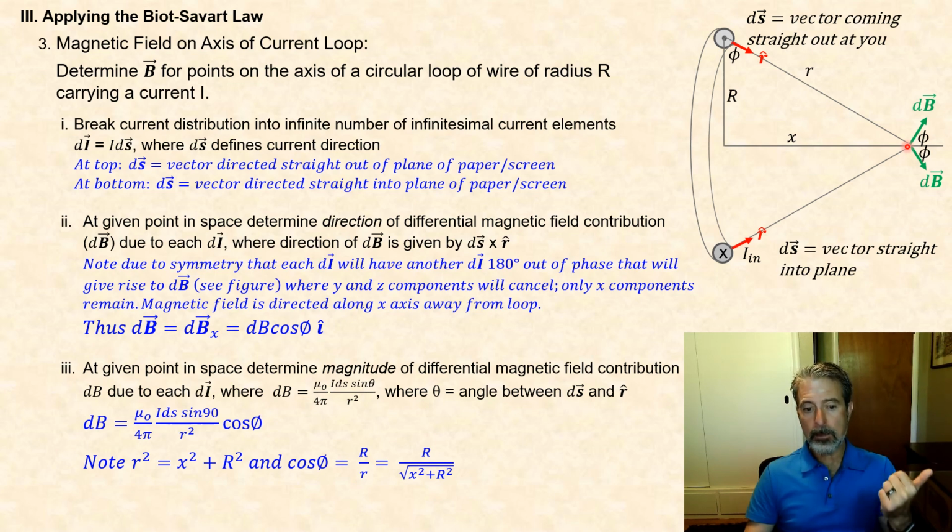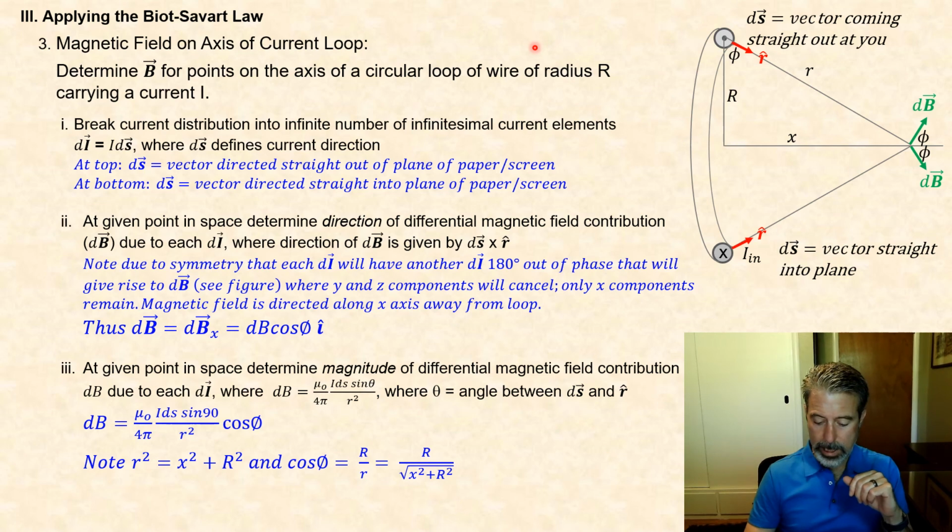So really, r is a constant as well. Cosine phi, when I look at this right triangle, is adjacent side over hypotenuse. The adjacent side is going to be big R, over the hypotenuse, little r. So we can express the cosine of phi in terms of these constants as well.